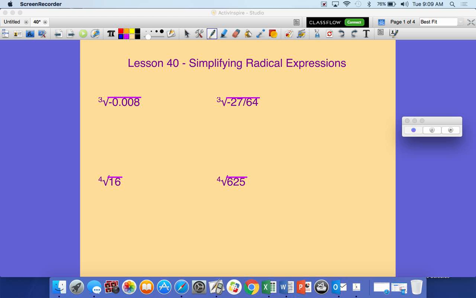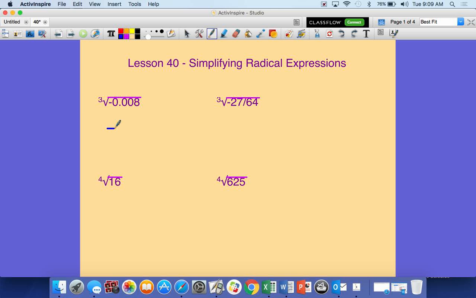This first one, we've got the cubed root of negative 0.008. Well, if you type that in your calculator, what that gives you is a negative 0.2. Well, how is that the case?